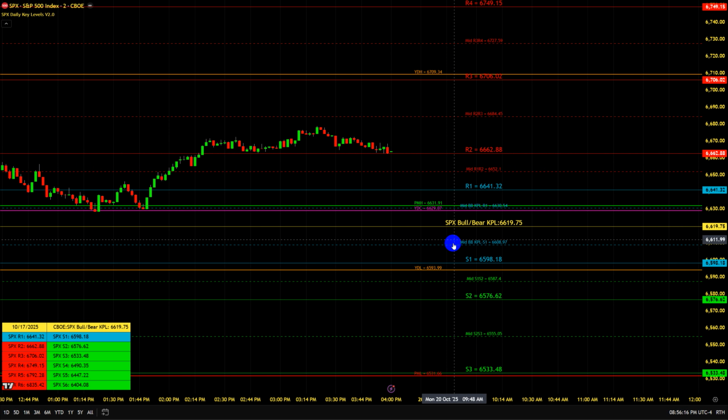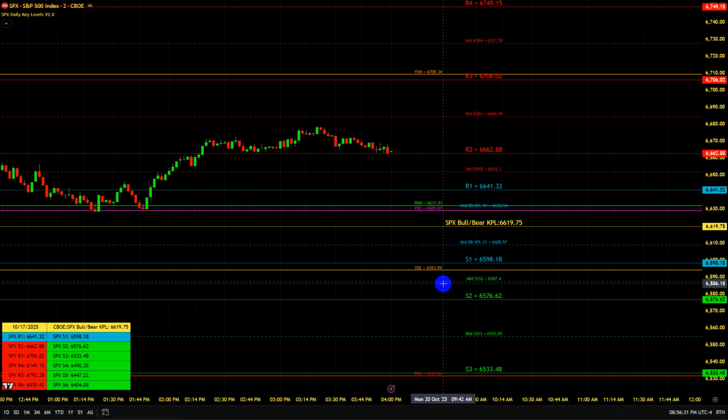From R2 down to S2, because the levels are more compressed, there are two viable options as far as out of the money, when it's contained within the S2 to R2. If you're taking a bullish play off of S2, then you're looking up into this range. If you're taking a bearish trade off of R2, then you're looking down into this range.